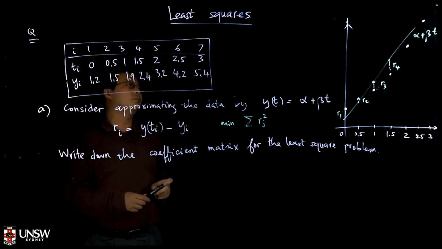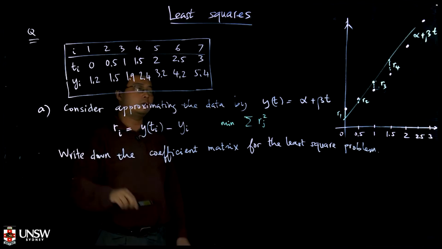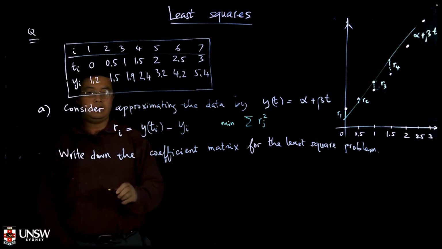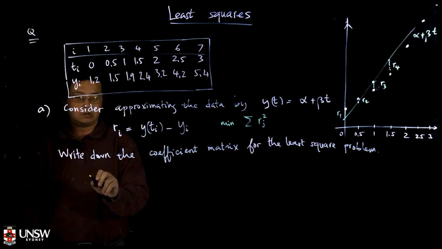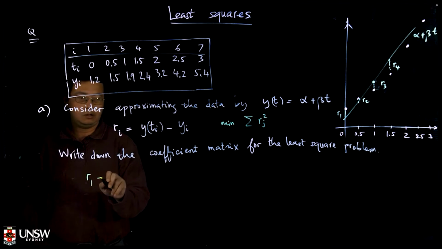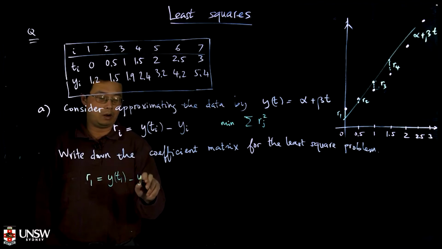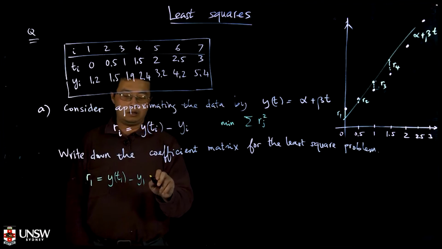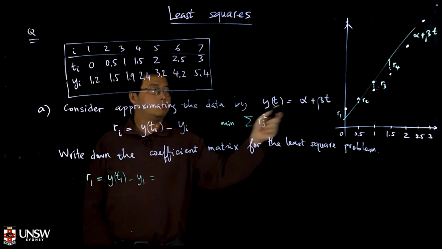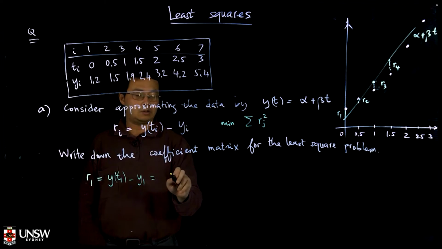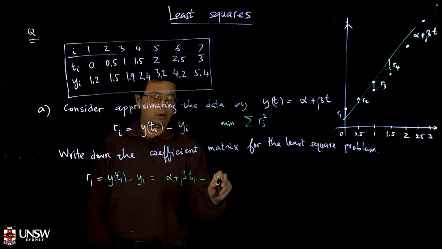So how do we set up the problem? First, we have to write down the coefficient matrix, and so first we have to write down the residual. Suppose you have R1, then this is just YT1 minus Y1, and YT1 you replace by this equation, so you have alpha plus beta T1 minus Y1.